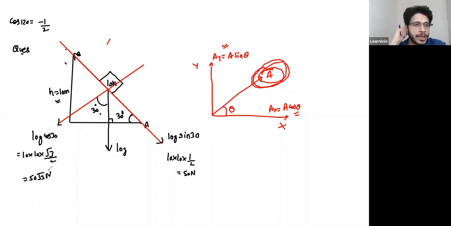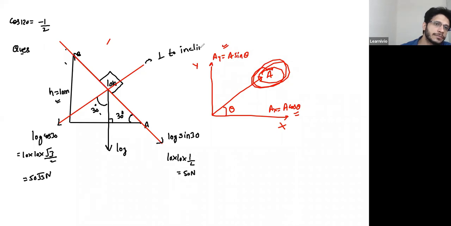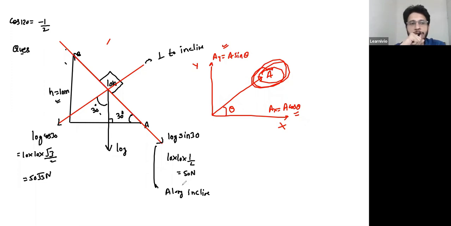So we break this weight into two parts: one acting perpendicular to the inclined plane and another acting along the inclined plane. This is known as resolution that we have done last week. Now tell me, which component is responsible for the displacement of this 10 kg mass from A to B? This body is moving up the plane, so the force acting along the plane should be responsible for the motion.